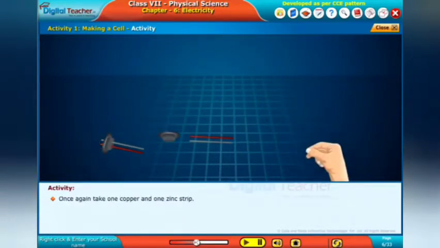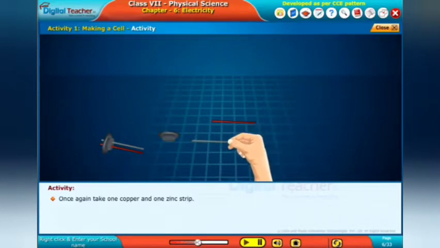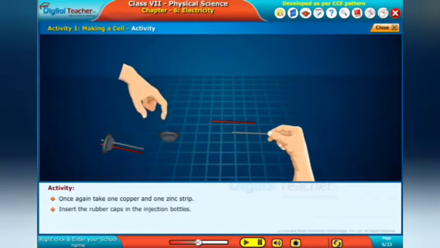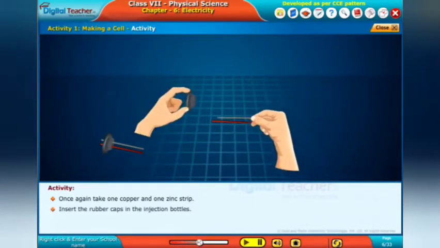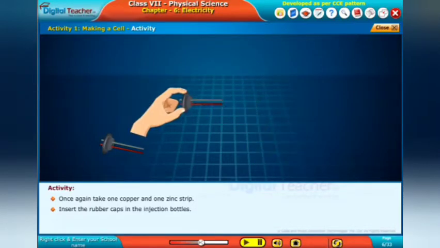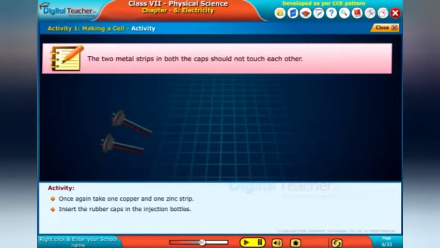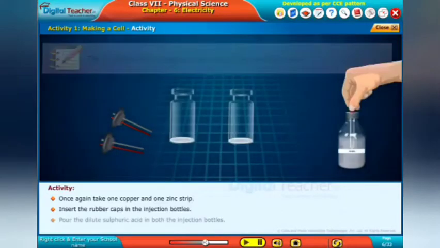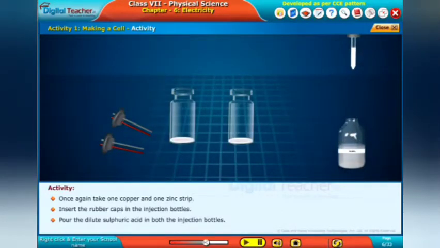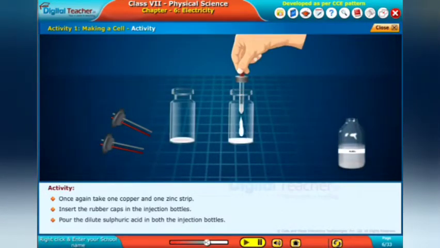Once again, take 1 copper and 1 zinc strip. Insert the rubber caps in the injection bottles. Note: the 2 metal strips in both the caps should not touch each other. Pour the dilute sulfuric acid in both the injection bottles.